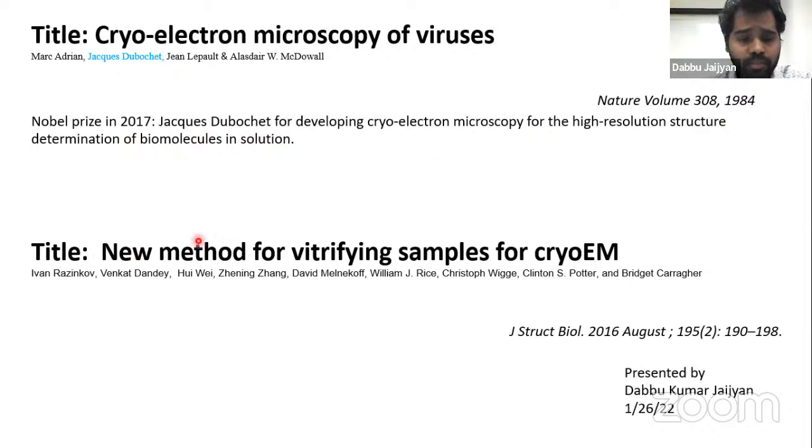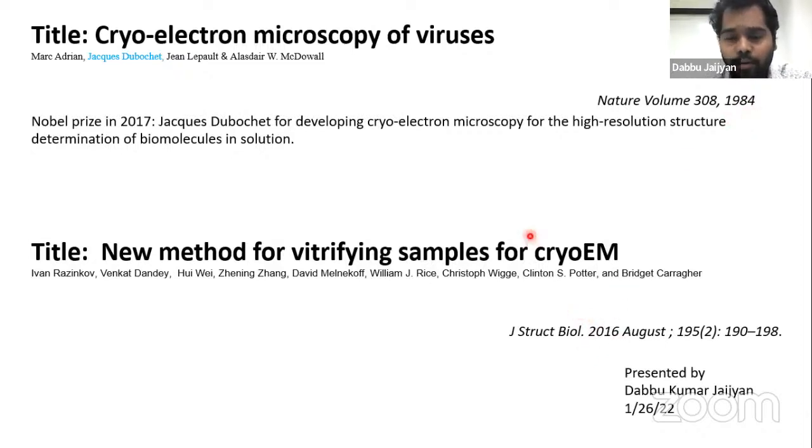The title of the second paper is A new method for vitrifying samples for cryo-EM. This paper was published in the Journal of Structural Biology in 2016. So the point to be noted here is that one paper was published in 1984, another was published in 2016.